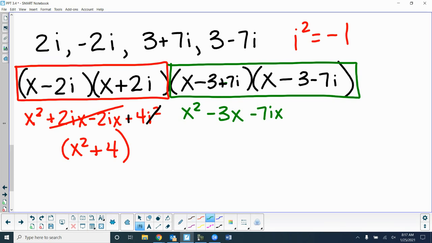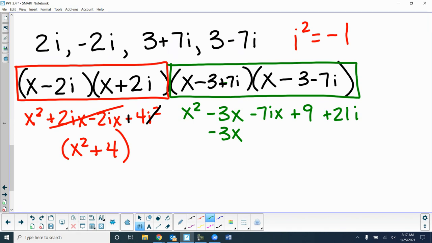All right, so negative 3 times x is negative 3x. Negative 3 times negative 3 is a positive 9. And negative 3 times a negative 7i is a positive 21i. All right, so there's 6 of them.